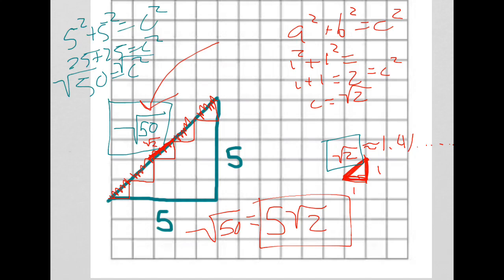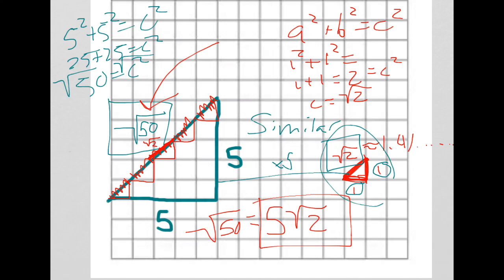Something else that I want you to recognize, keeping with the theme that we've had in this class as of late, is that these two triangles are similar triangles. They have the same proportions. We've got side length 1 there, so our scale factor between these two is 5.